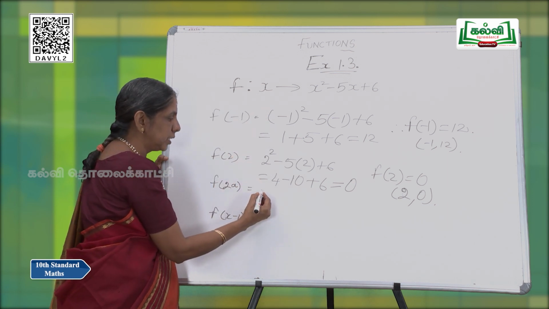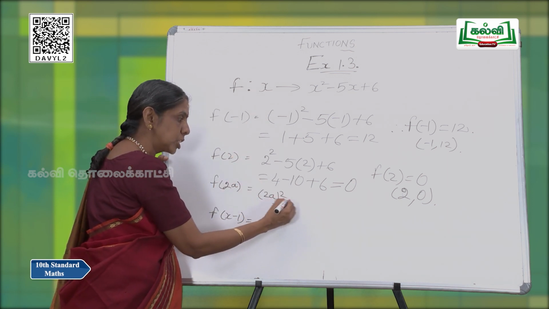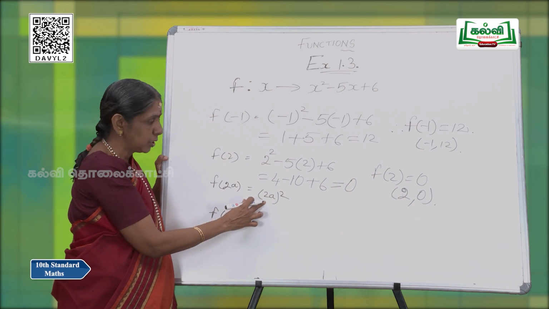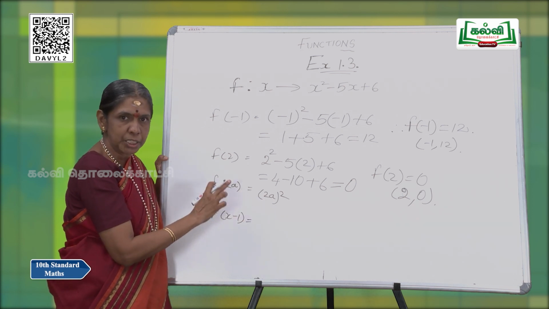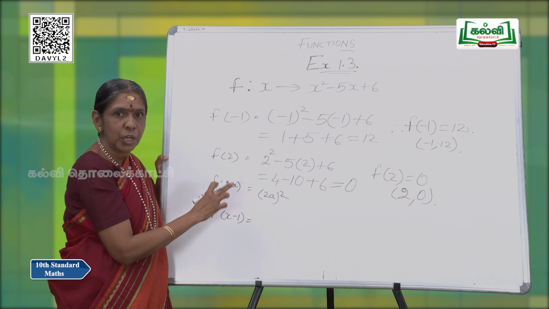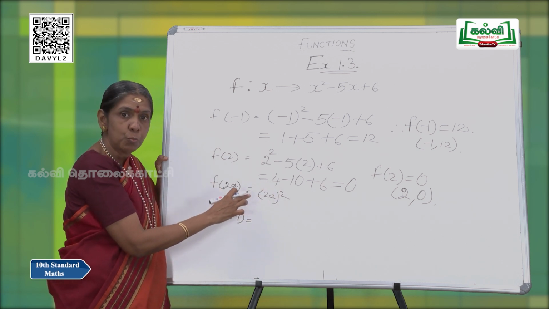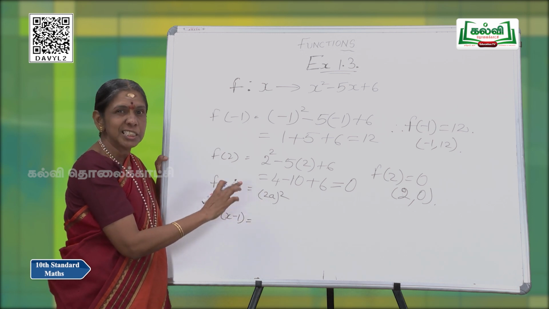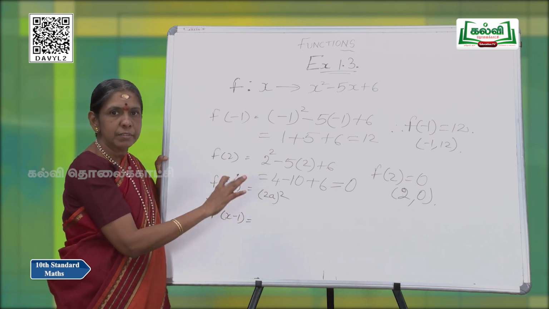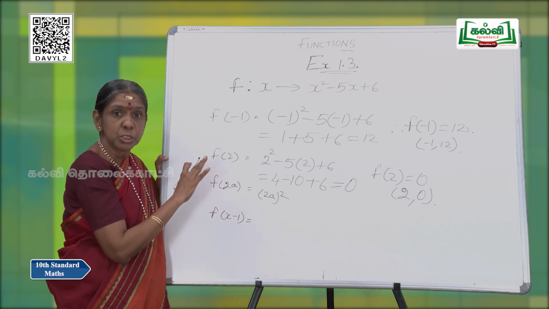So, how do you write it? You write it as (2a) the whole squared. Remember, it is (2a) the whole squared. You should not say it as 2a squared, it is wrong to say so. You have to say it as (2a) the whole squared. Only then the square is for both 2 and a. If you say just merely 2a squared, then the square is only for a, which is not so.